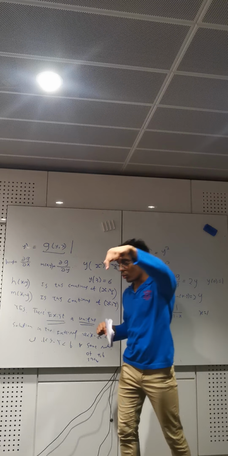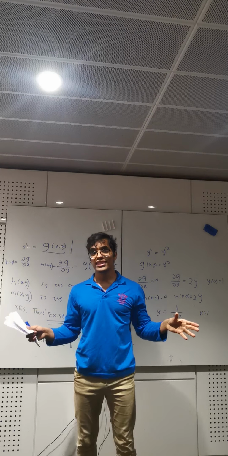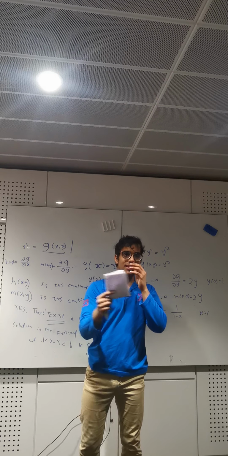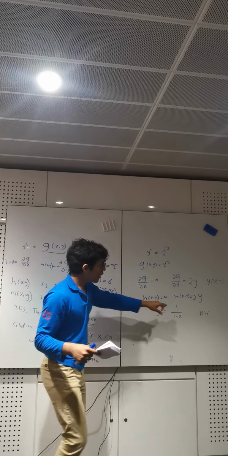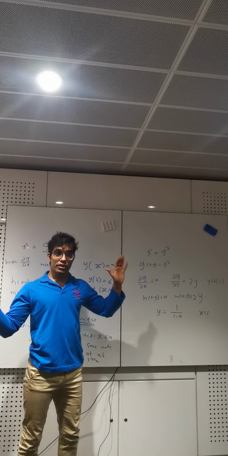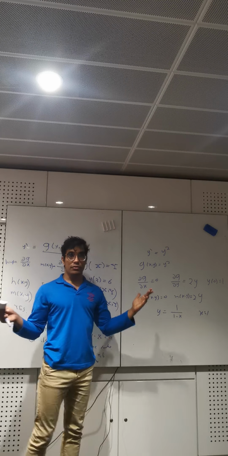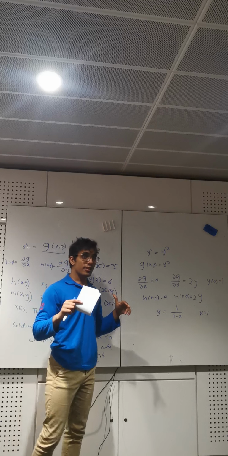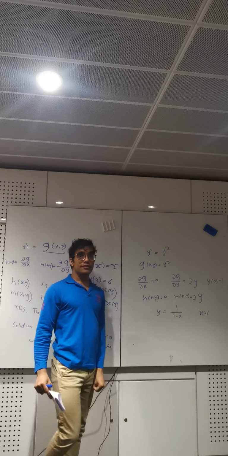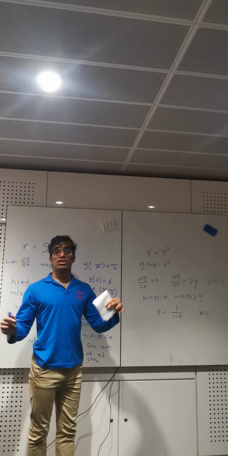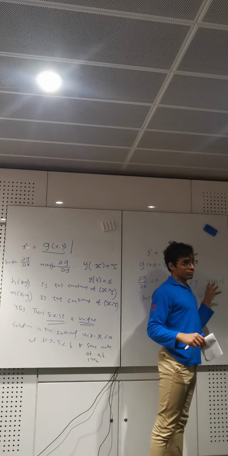But at x equal to 1, the solution does not exist. So the theorem does not say anything about those values. Even though both of those functions are continuous everywhere, there is still the problem at x equal to 1 that there is no solution that satisfies this initial condition.